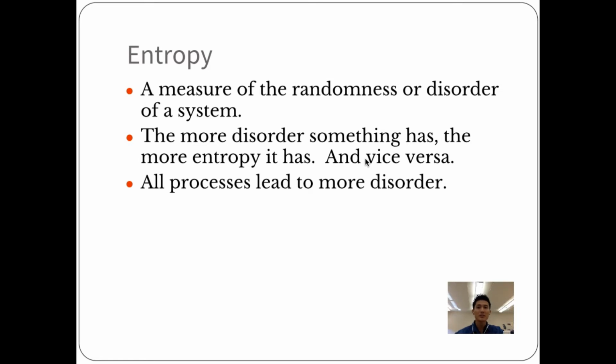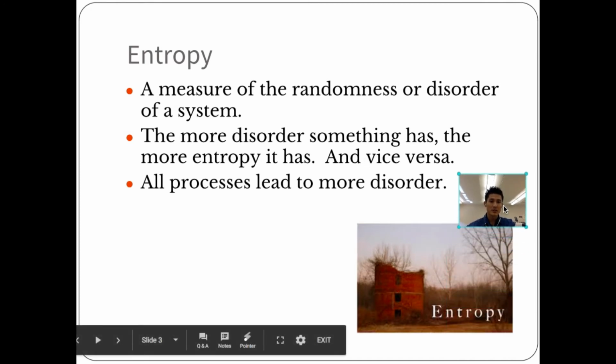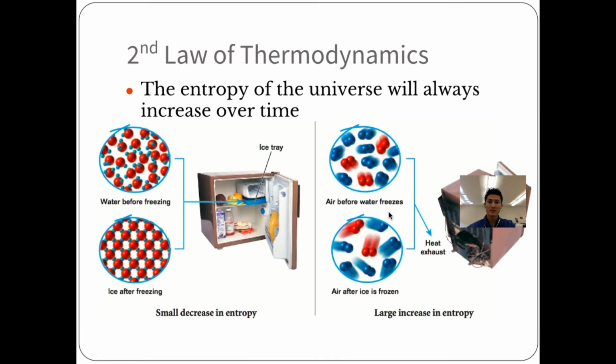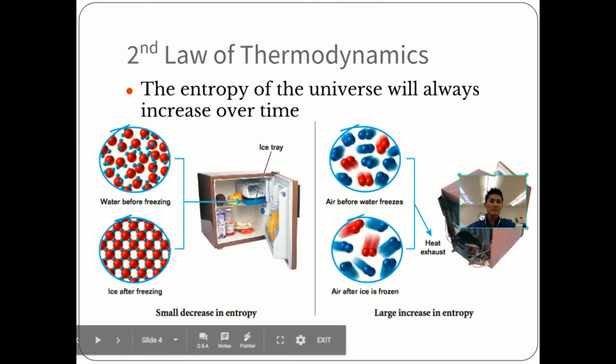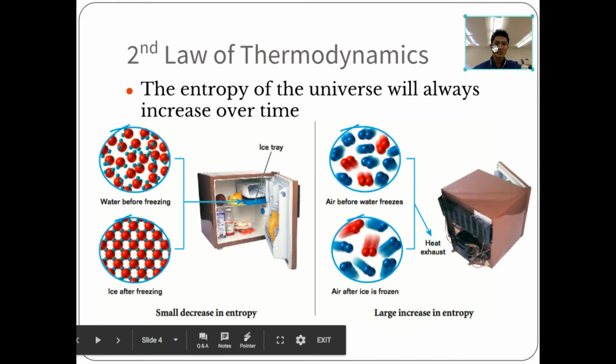Everywhere in our universe, things tend to become more disorderly, and that's why hot objects tend to become cold after a while. Houses break down. Our bodies will eventually decay and die. Law of entropy at its work. The second law of thermodynamics states that the entropy of the universe will always increase over time.